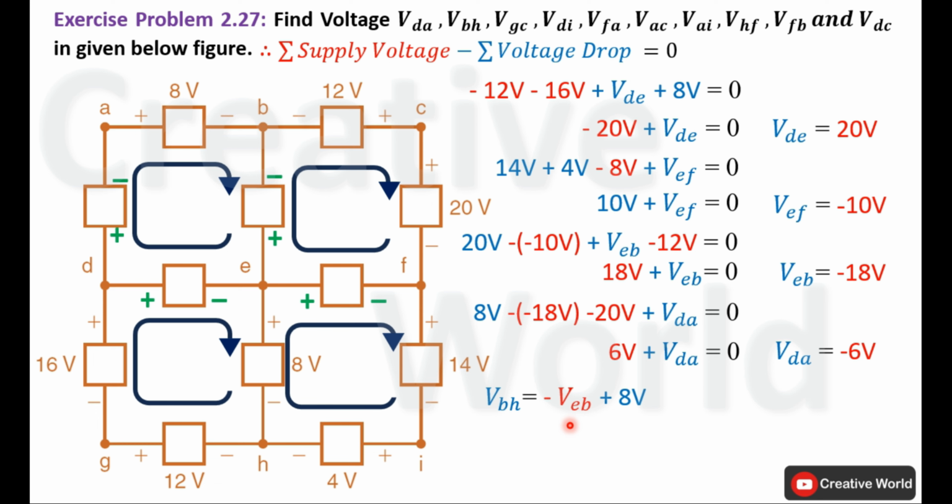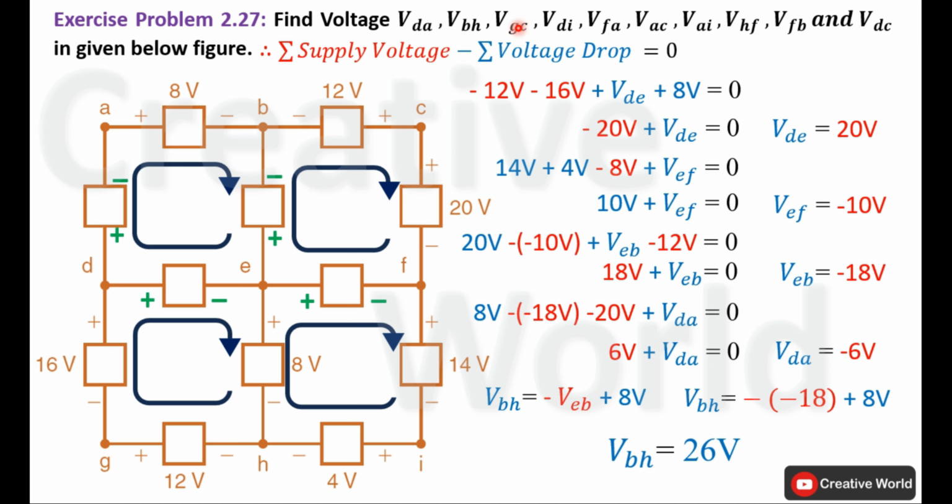Enter the value of VEB inside this equation, that is minus 18 volt. Open the brackets, this minus will multiply minus inside the brackets and it will become plus 18 volt. Plus 18 volt and plus 8 volt will become 26 volt. So value of VBH between these 2 points is 26 volt.